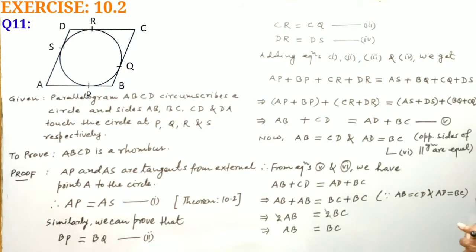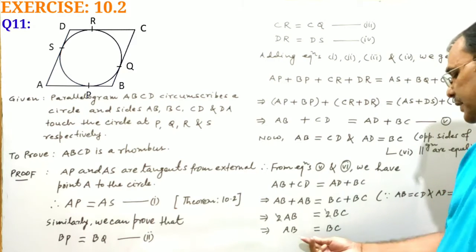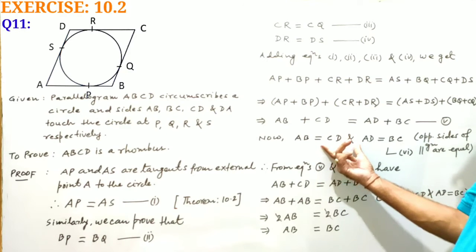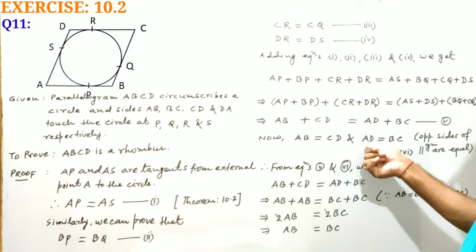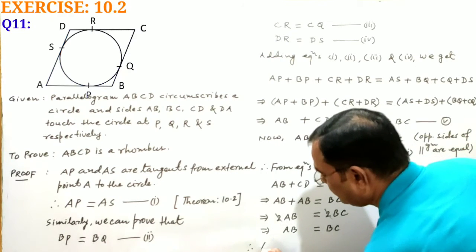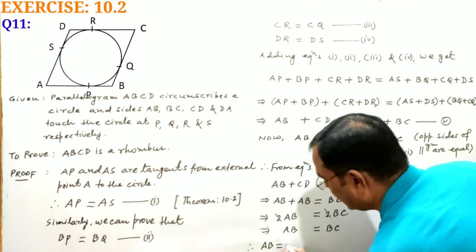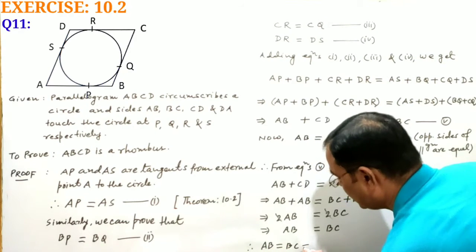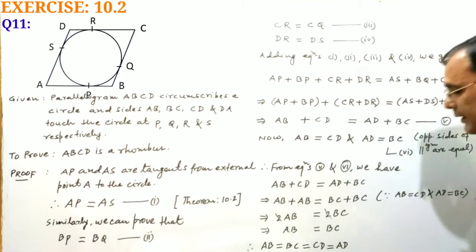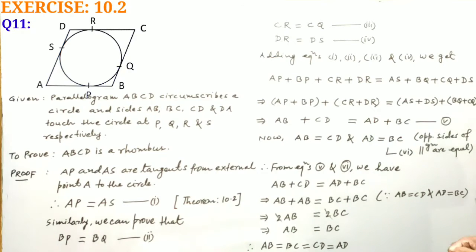So in parallelogram ABCD, AB and BC are adjacent sides, and here we have AB equal to CD and AD equal to BC. Therefore we can write AB equal to BC equal to CD equal to AD. That is, all four sides of parallelogram ABCD are equal, and this proves that parallelogram ABCD is a rhombus.